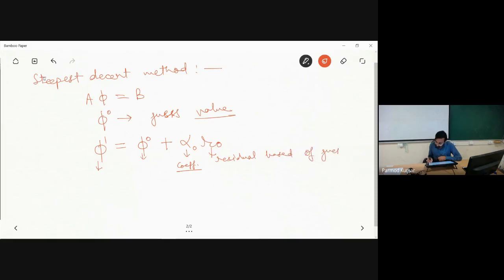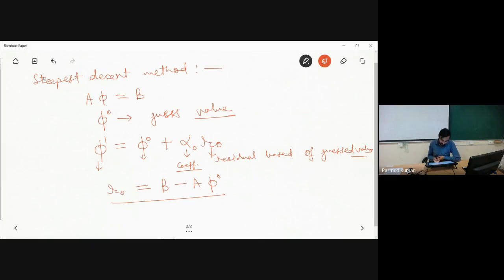How can I define R naught? R naught is equal to B minus A into phi naught. That will be my residual, because phi naught is my guessed value. When I do right hand side minus left hand side, B minus A phi naught, using the guessed value, I find a residual that I call R naught.